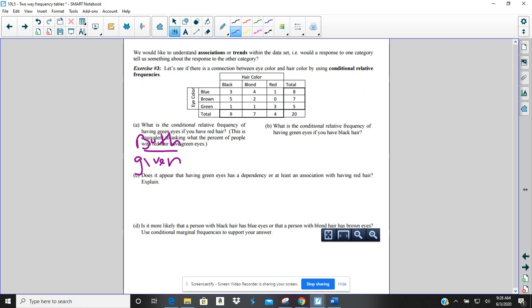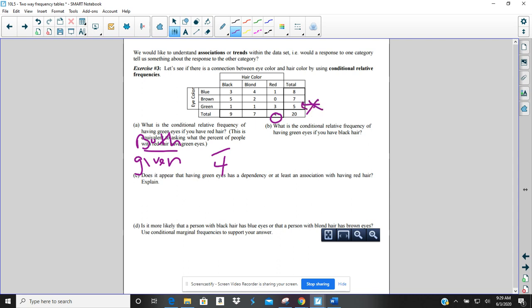Let me explain what I'm talking about here. It says the conditional relative frequency of having green eyes if you have red hair. The given is having red hair. So what I'm going to first do is go straight down to having red hair, which is 4, right? So I'm going to write given 4. Given there's 4 people in the classroom that have red hair, what's the probability they have green eyes? Well, I'm not going to go to the green over here.